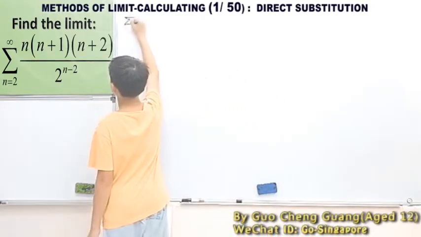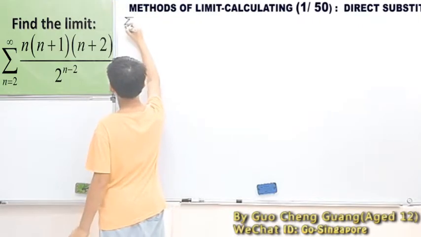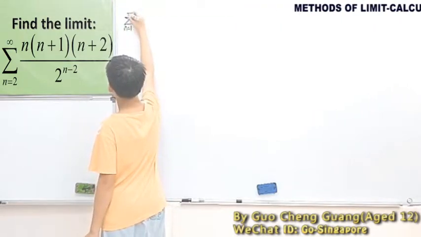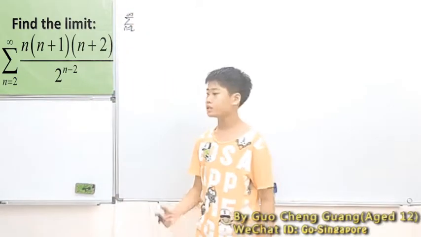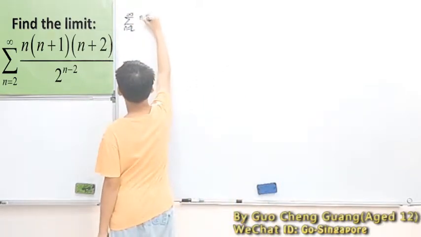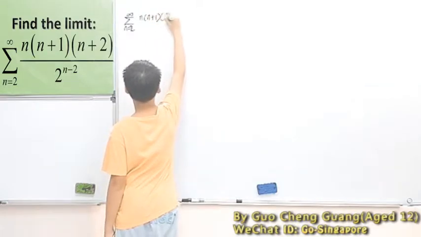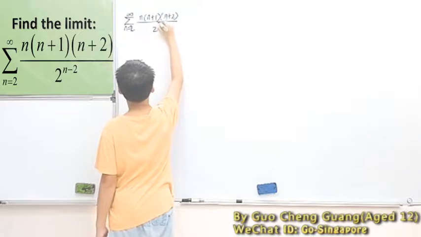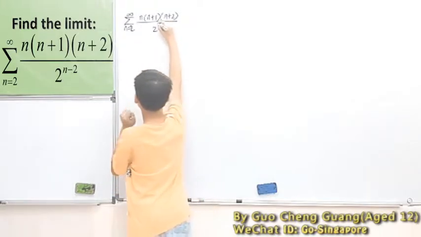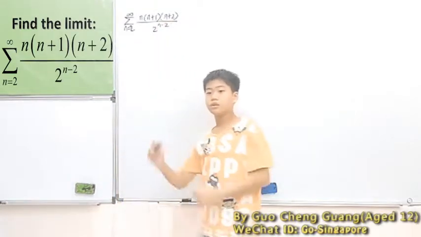Okay, so this example here is a sigma from 2 to infinity. Then what is this about? You have n times (n plus 1)(n plus 2) over 2 to the power of n minus 2.